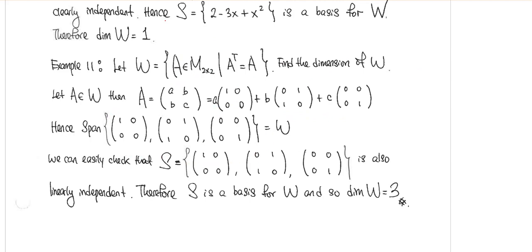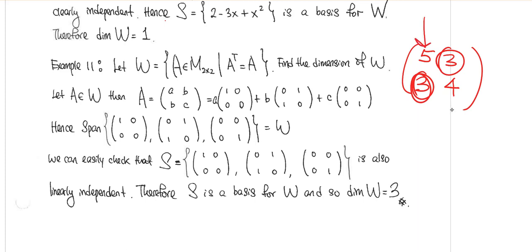The key thing is that for all the symmetric matrices, the entries on the diagonal don't have to be the same. But the two off-diagonal entries have to be the same. If these two entries are different, that's not symmetric anymore. That's the reason why we need this vector and this vector to take care of the possibility that the diagonal numbers are different. But if it's a symmetric matrix, the off-diagonal entry has to always be the same.